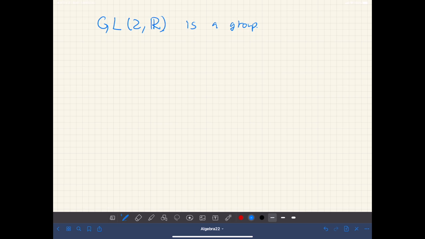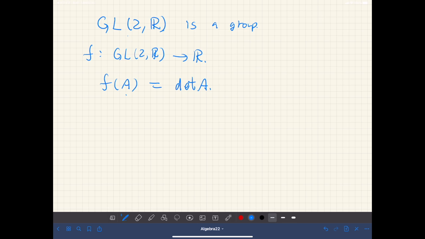And we can define a mapping F from GL to R, to real numbers, by this. So any 2 by 2 matrix belonging to this group is mapped to its determinant. And this is a homomorphism.